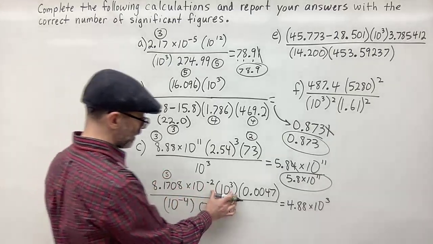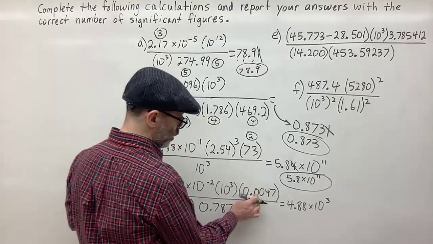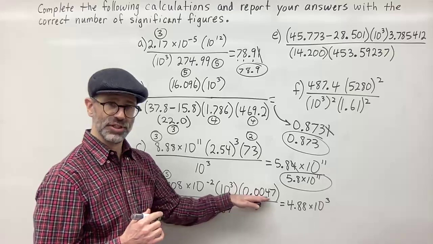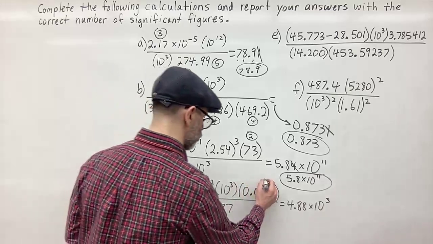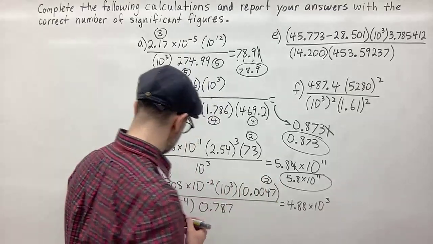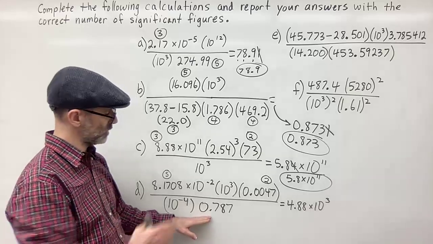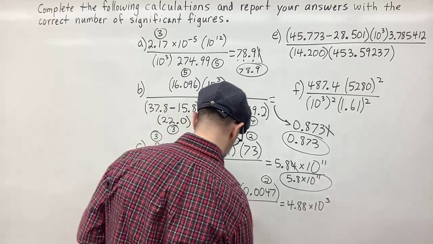This is exact, that's exact. Here we have 2 sig figs. The zeros in front of your number are never significant. So it's the 4 and the 7. So this is 2 sig figs. Here again, the 0 is not significant because it's in front. So 787, that's 3 sig figs.